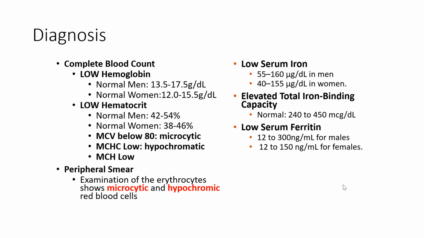But when you have low iron in your blood, the capacity goes high, because you don't have enough hemoglobin to attach to those sites. So in this case, the total iron binding capacity would be high because there are plenty of receptor sites for hemoglobin to bind. You'd also look for low serum ferritin levels as well.